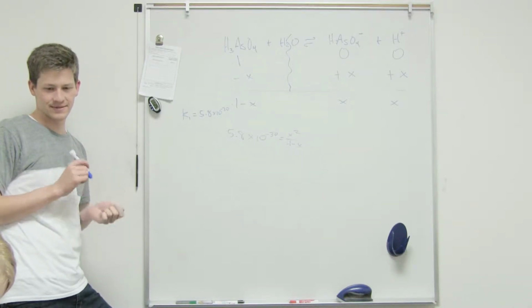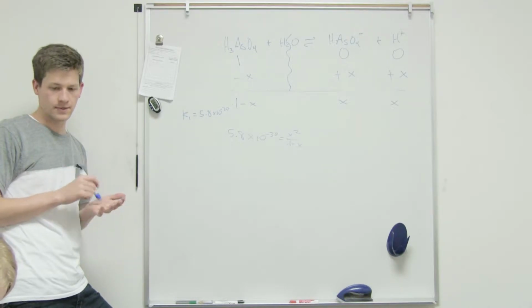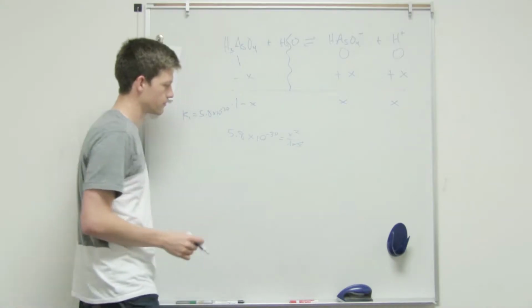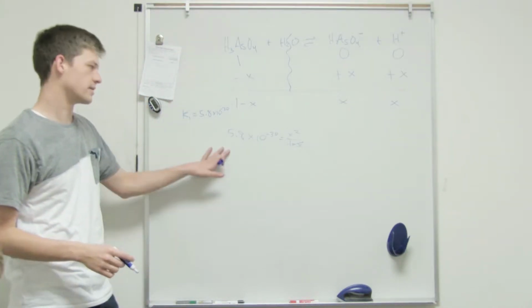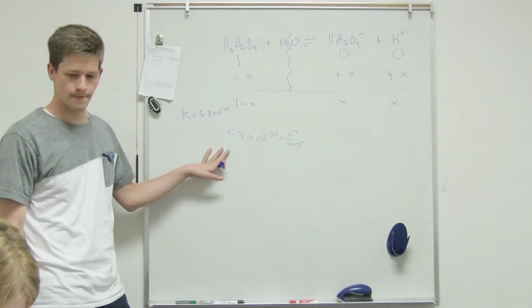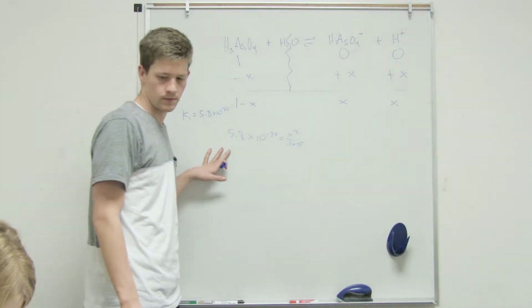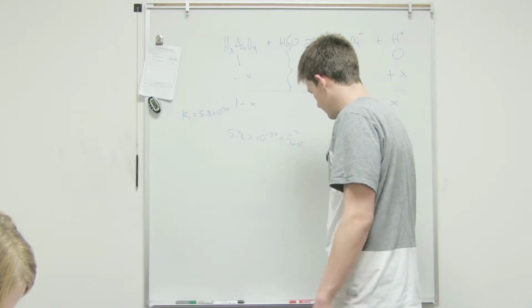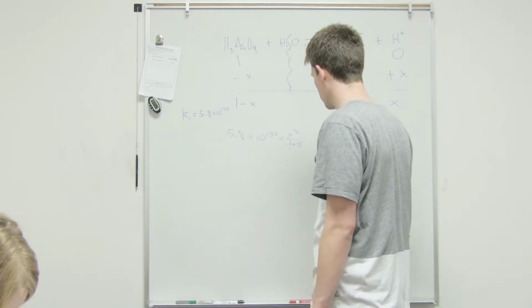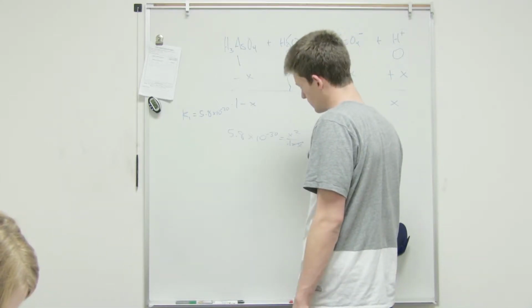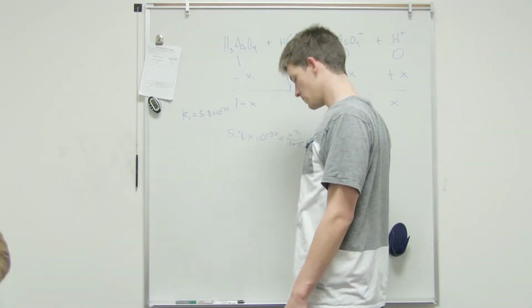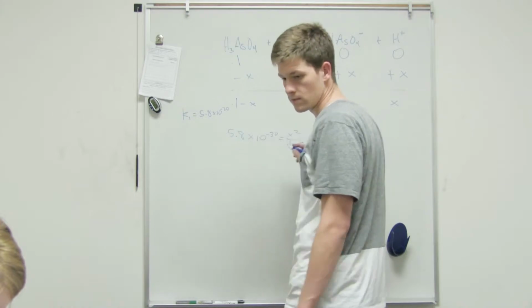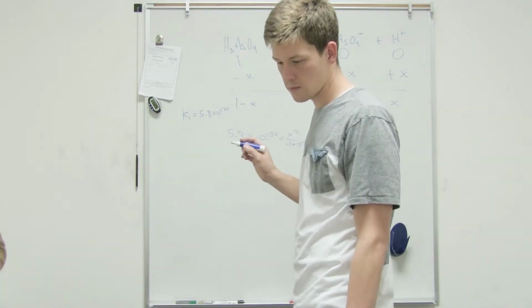Okay, so then you can get rid of X on the bottom, and then we have to see if it works by getting rid of it. So let's solve it. X squared equals 5.8 times 10 to the negative 3 times 0.1, 5.8 times 10 to the negative 4, and then you take the square root of that.